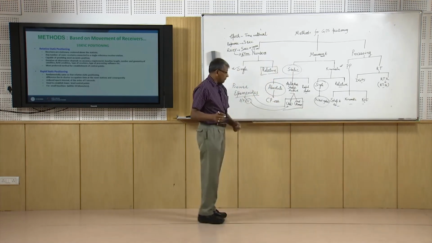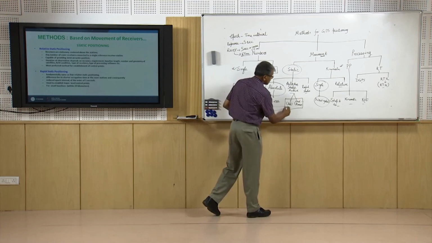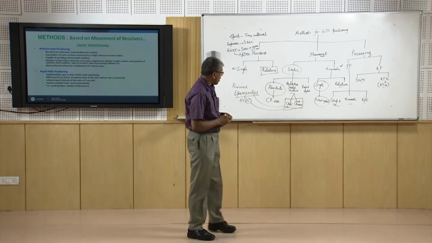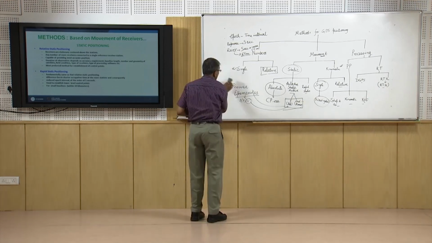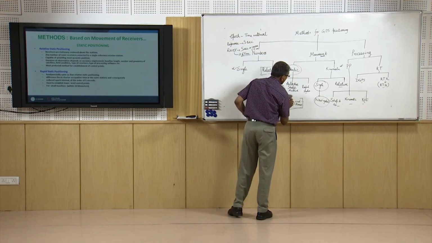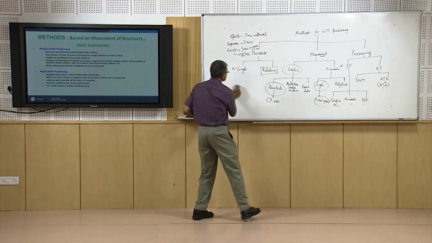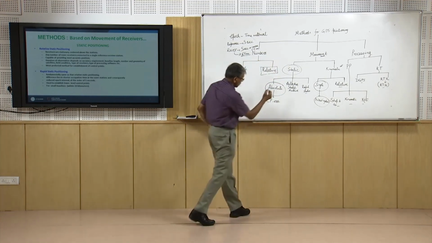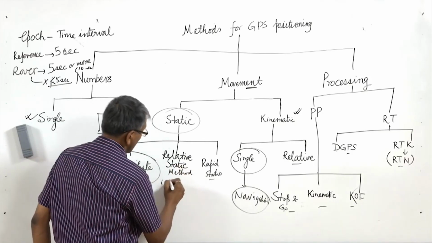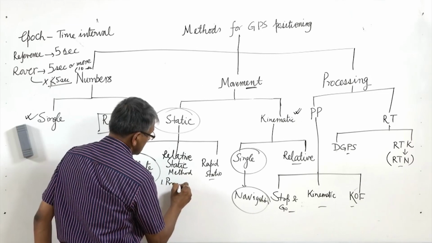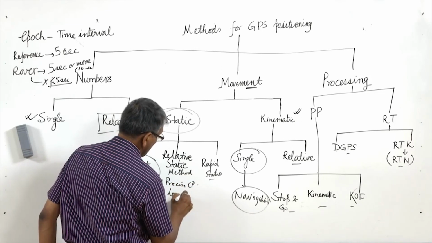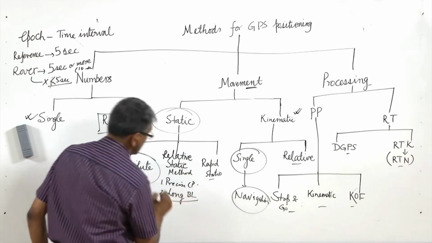This method is used for establishment of best control points, or when the baseline lengths are very high. So for long baselines or for very precise control point positioning, we go for relative static positioning.